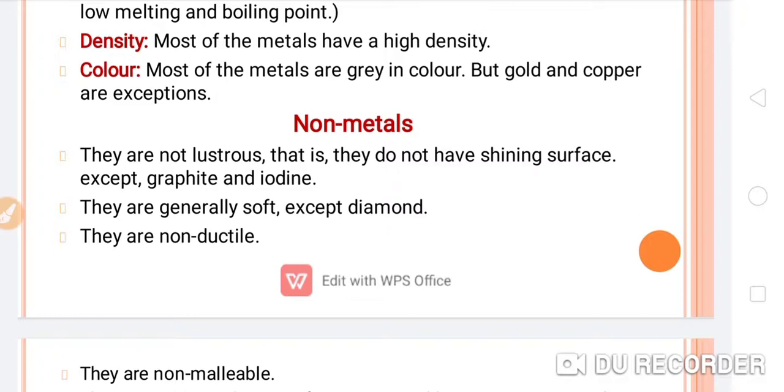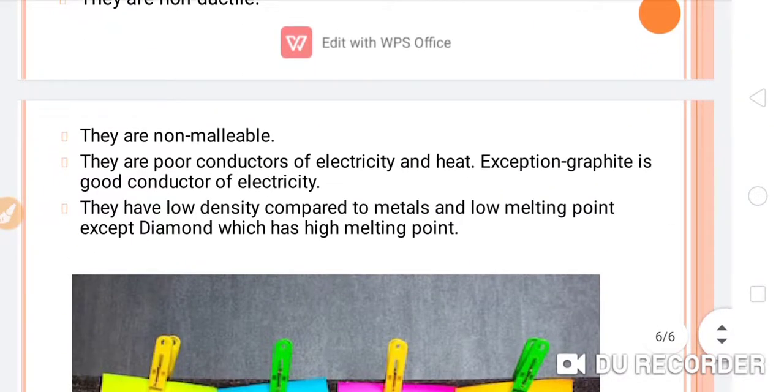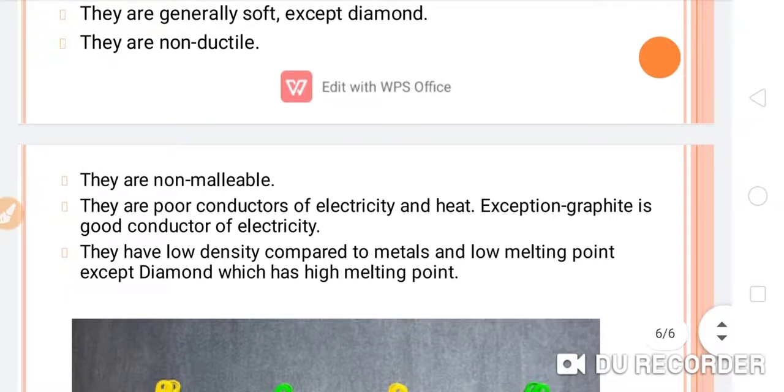Next, they are generally soft except diamond, and they are non-ductile. Now they are non-malleable, meaning they have no malleability, and they are poor conductors of electricity and heat. Exception: graphite is a good conductor of electricity.